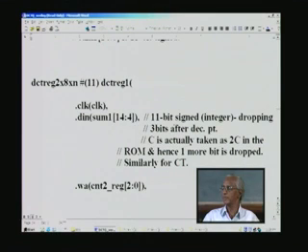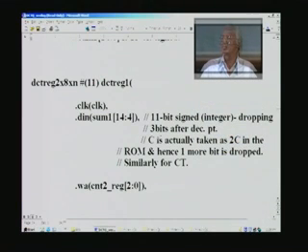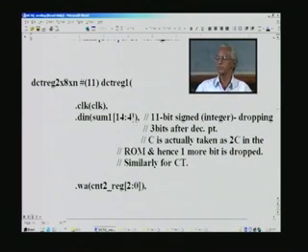This is actually an 11-bit signed integer, and there is no decimal point here, and we drop 3 bits after the decimal point. In addition to this we also drop one more bit, because 3 through 0 are dropped, that is 4 bits are dropped. So 3 bits have been accounted for here, and another bit we are dropping is equivalent to dividing the result by 2. Any right shift, as you know, is equivalent to dividing by 2.